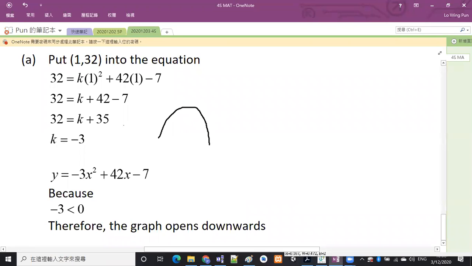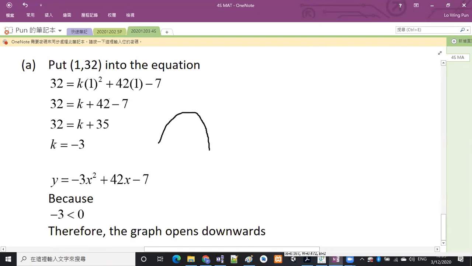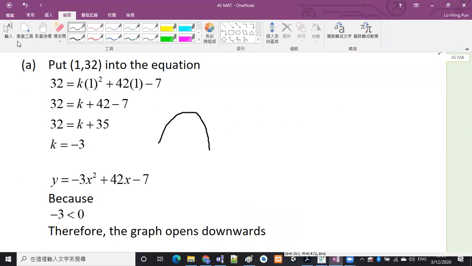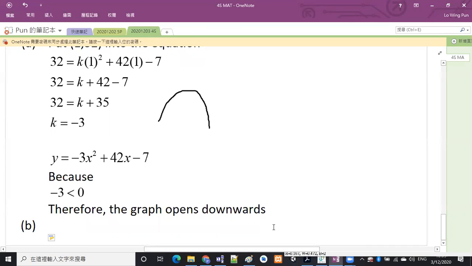And then in part B, find the maximum or minimum value of y and the equation of the axis of symmetry of the graph. So, part B.